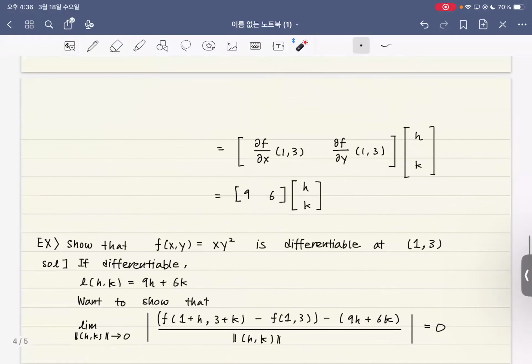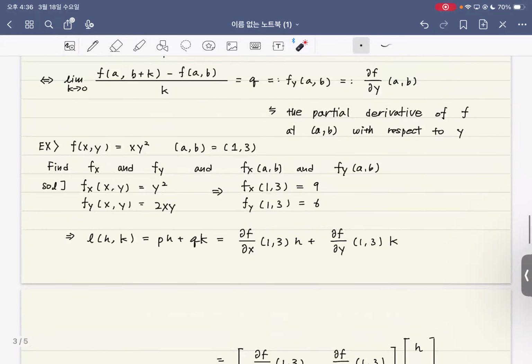Generally speaking, for any given two variable real valued function from R2, the partial derivatives are also two variable real valued functions, right? From this example, this is a function from R2 to R, and the partial derivatives are fx is y squared and fy is 2xy.